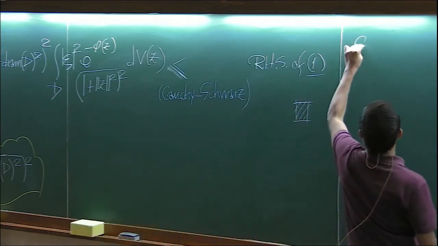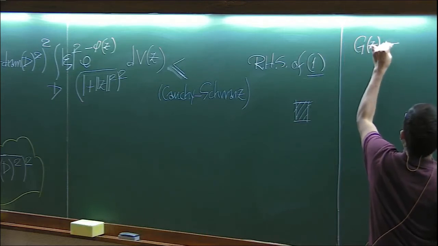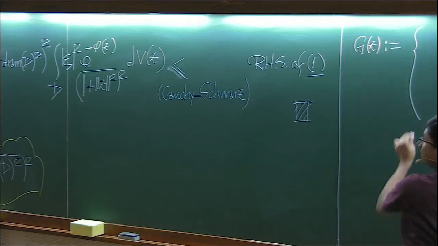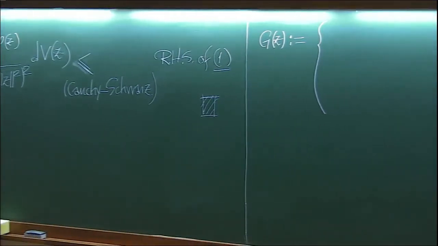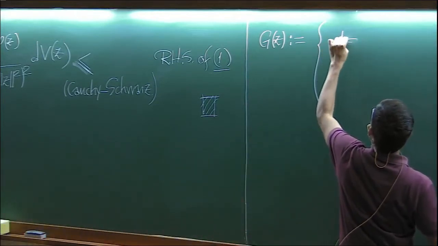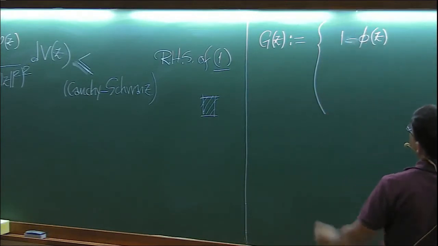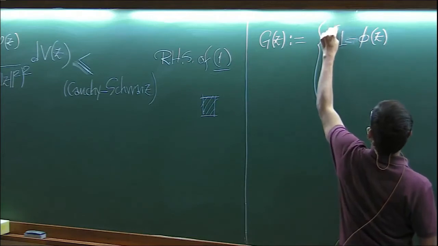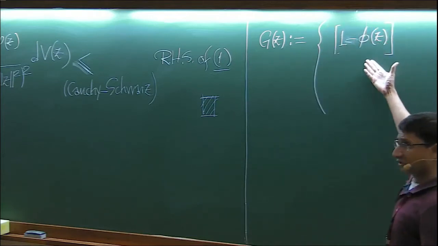So let G of Z be defined as, so I'm going to use my holomorphic local peaking object as my initial datum. I'll tell you pretty soon why I'm going to go with this object.